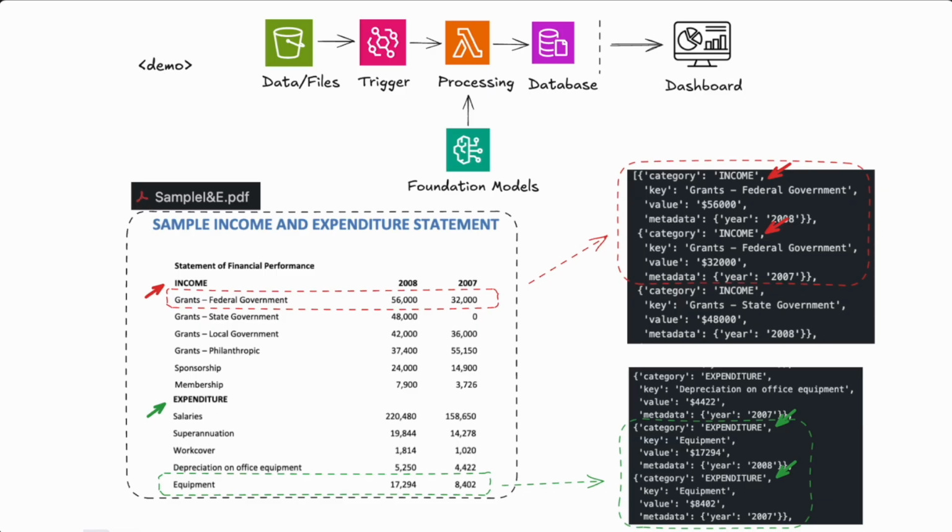So to implement this solution, the technician needs to have sound knowledge in cloud services like AWS, large language models for data extraction, serverless architecture, and integrating data for dashboarding and reporting.